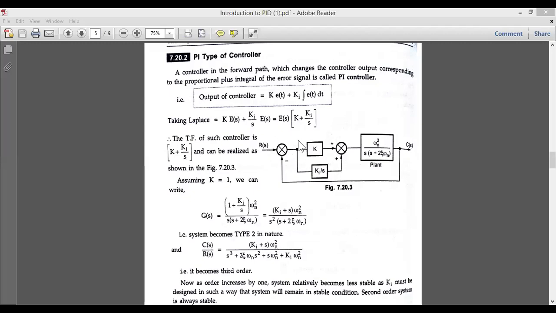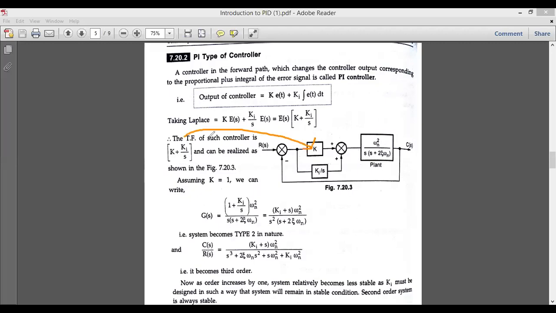Now in this figure, if I assume the value of K is equal to 1, it becomes 1 plus Ki divided by s. Let us substitute in the transfer function formula, G of s.